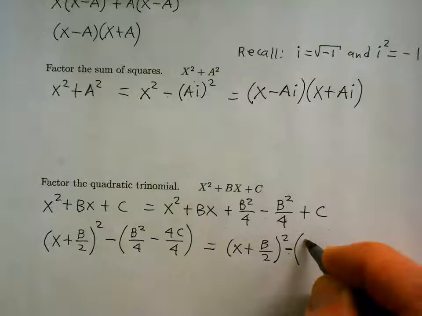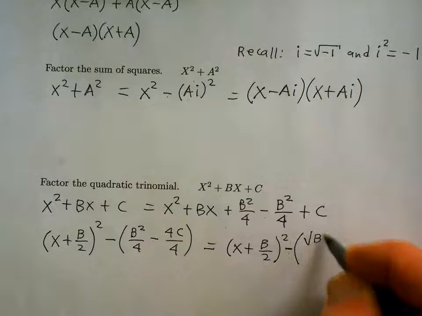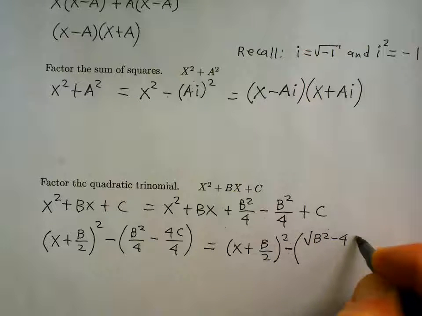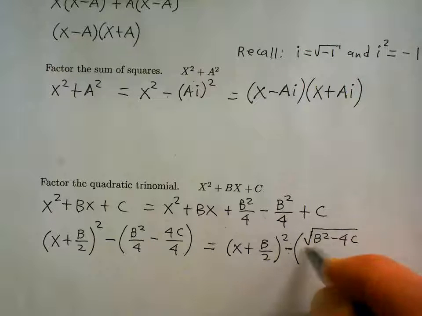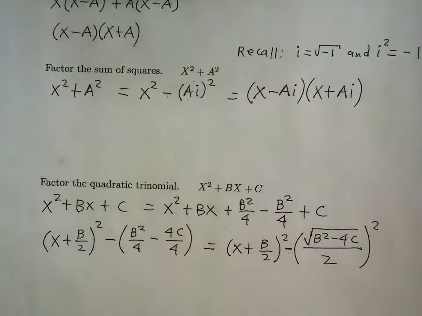We're going to write this as ((√(b² − 4c))/2)². So when we square this quantity, the square root of b² − 4c over 2, that's equivalent to b² over 4 minus 4c over 4.